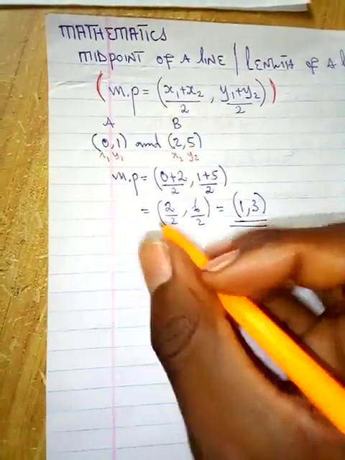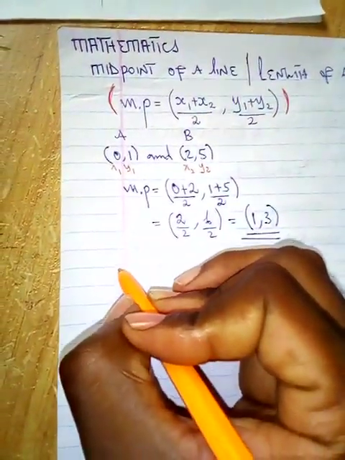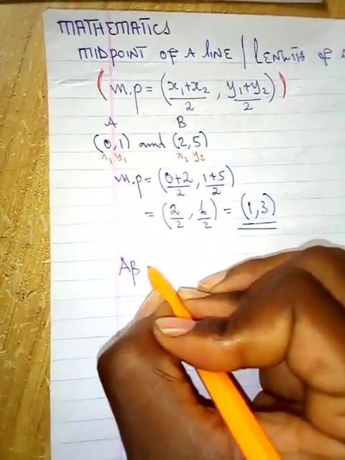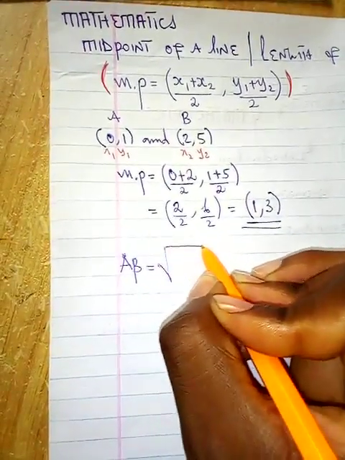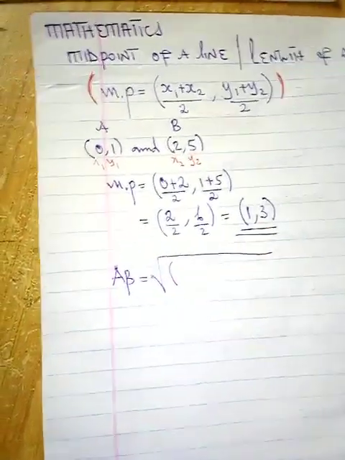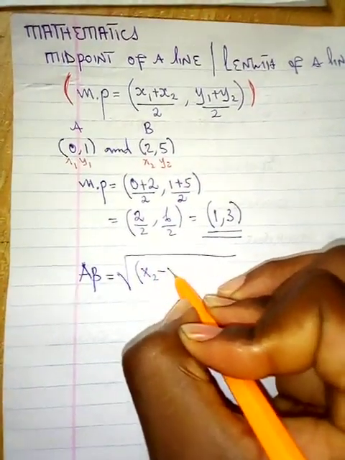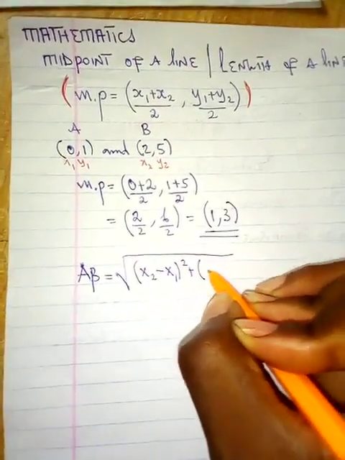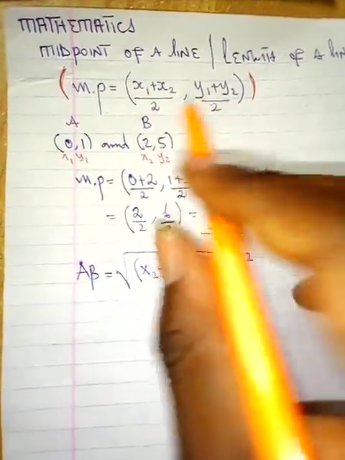Now, instead of making an average, when you're determining the distance, the length of this line, you can show it in this way as AB equals the square root of x2 minus x1 squared plus y2 minus y1 squared.